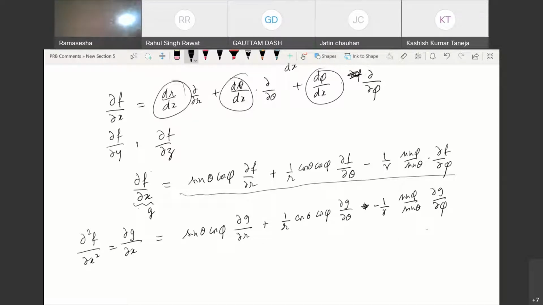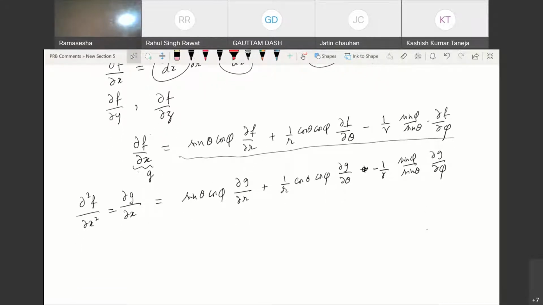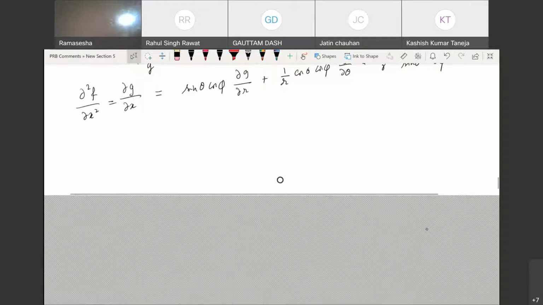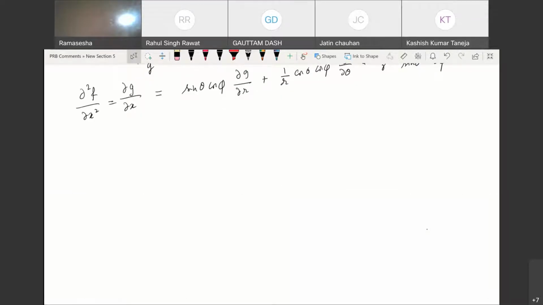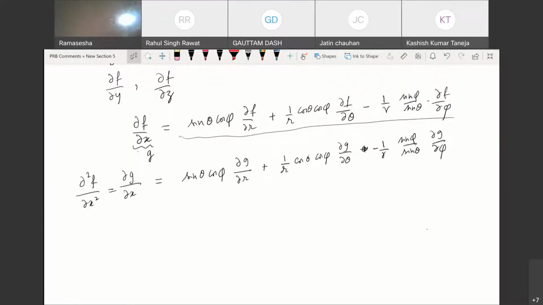So we have just put it in and you will get, it's a pretty tedious calculation.